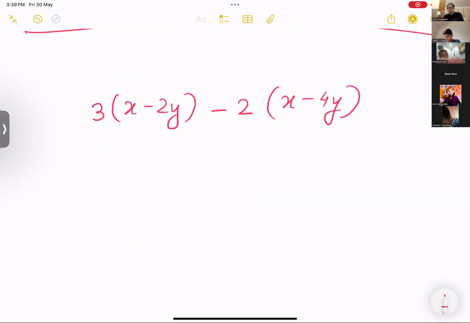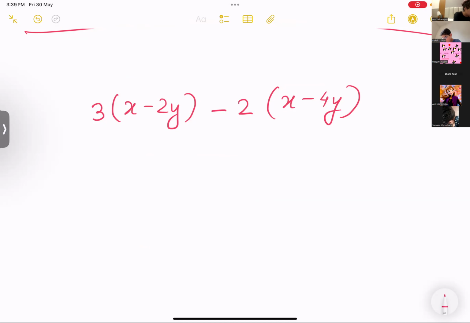Open the bracket here. 3 times x, write 3x. Minus 2y, write 6y. Now minus 2 into x, what will it become? Minus 2x.